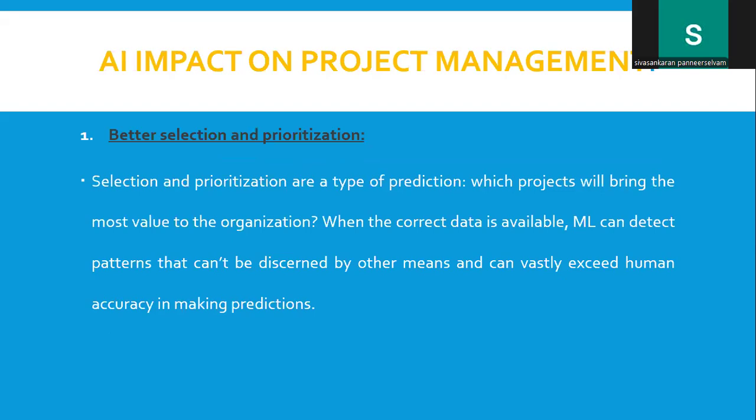Next, how AI technology makes a huge impact on project management. The first thing is better job selection and job prioritization. This is the first main operation when you carry out any project in the industrial sector. With the help of machine learning algorithms, we can process the current data in the domain and detect different patterns of decision making.